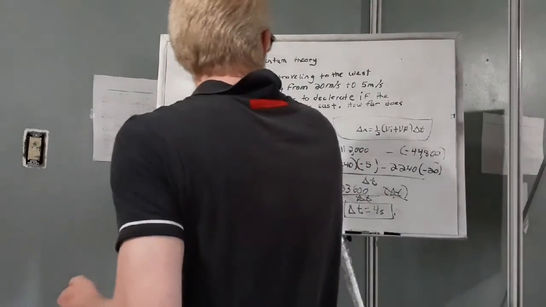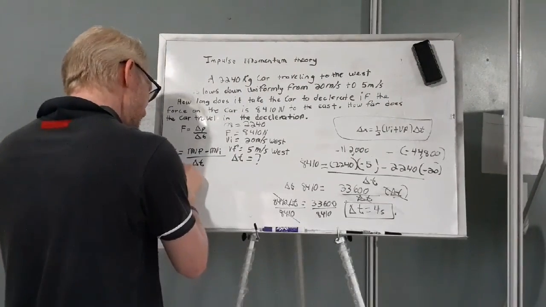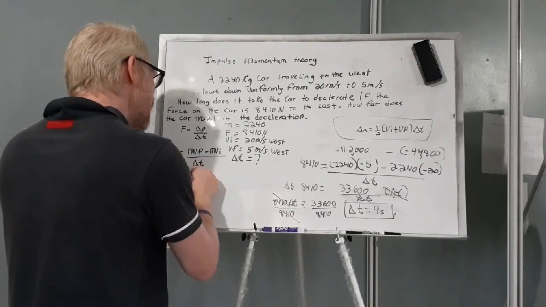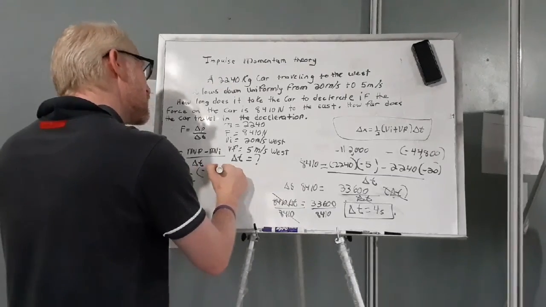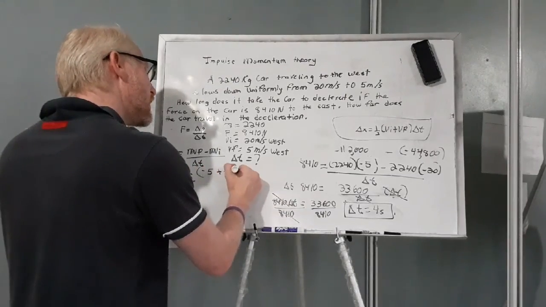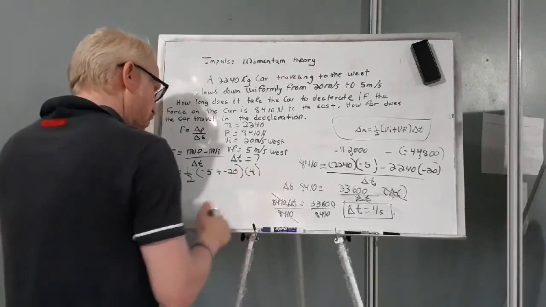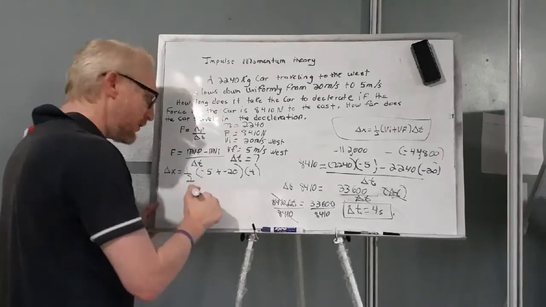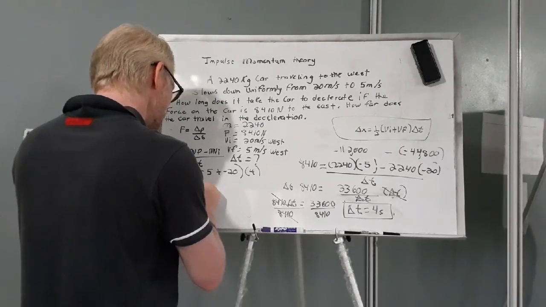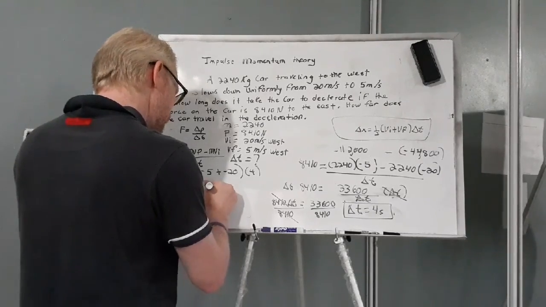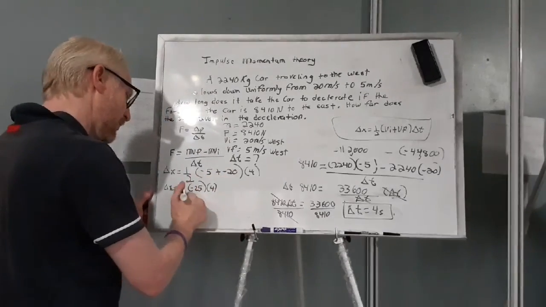So we're simply going to say that change in x equals 1/2 of the initial velocity, which is negative 5, plus the final velocity, which is negative 20, multiplied by the change in time, which is 4. So I'm going to add what's inside of my parentheses, and that's going to be change in x equals 1/2 of negative 25 times 4, because negative 5 plus negative 20 is negative 25.